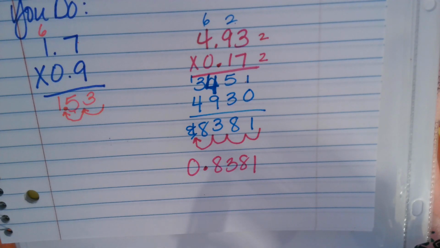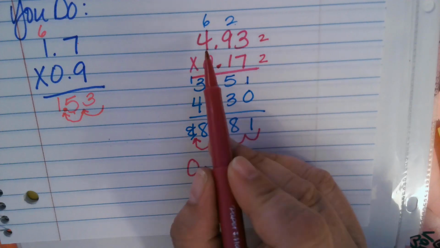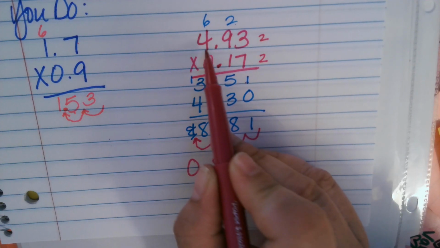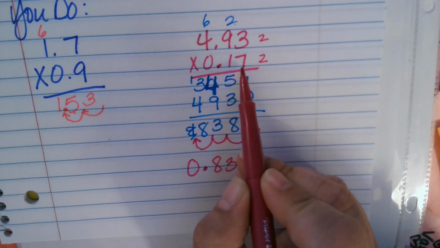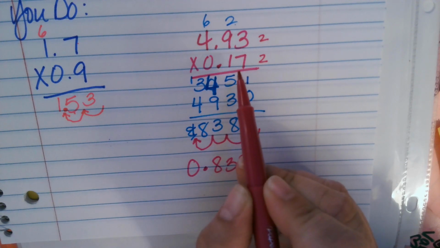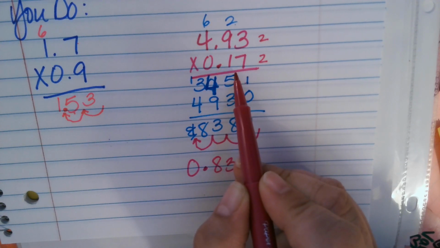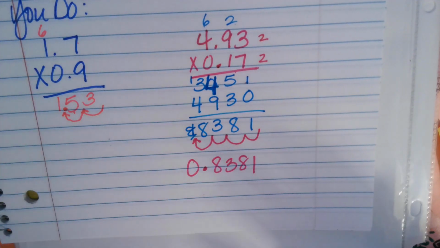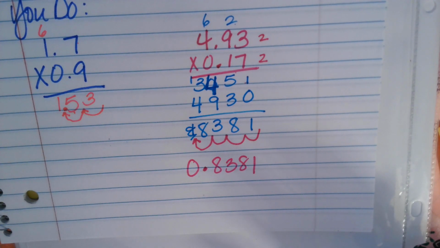How'd we do? Now, keep in mind, this is only 4 places, right? If I take this times 17 hundredths, the numbers are going to seem very small, but what you're doing is you're taking a number that's pretty small and multiplying it by a number that's even smaller.